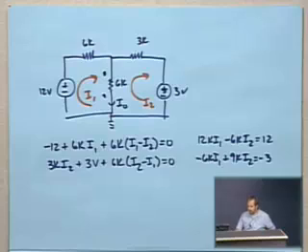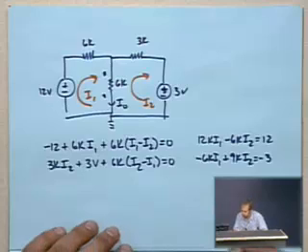I don't actually have this one solved, so let's solve it real quick. Two equations. We've got 12,000 and negative 6,000 as the first one, with 12 volts as the solution. Negative 6,000 and positive 9,000, with negative 3. Solve.